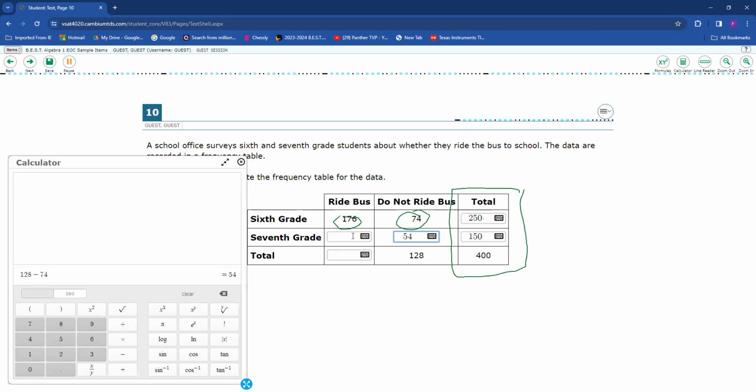That means that 150 minus 54 on the seventh grade row, I have to have a 96 there, right?